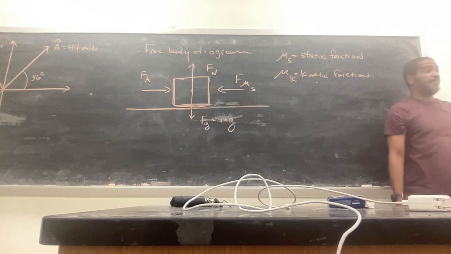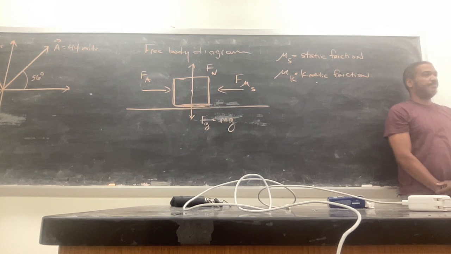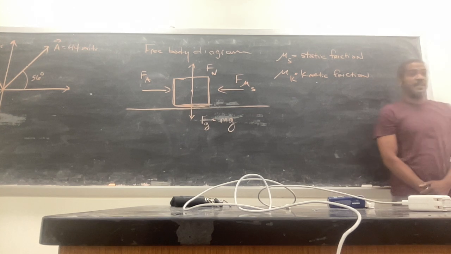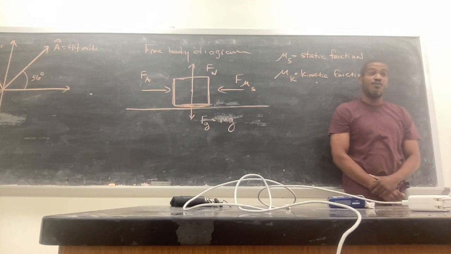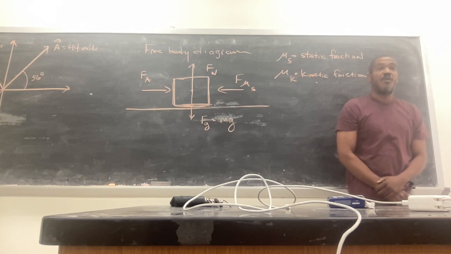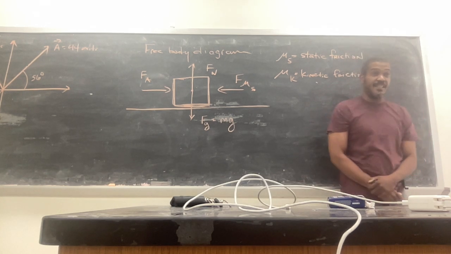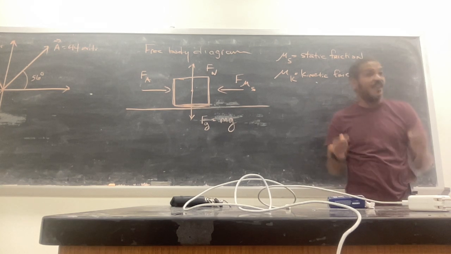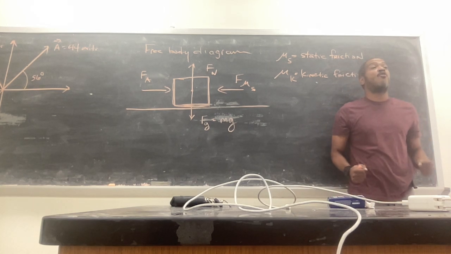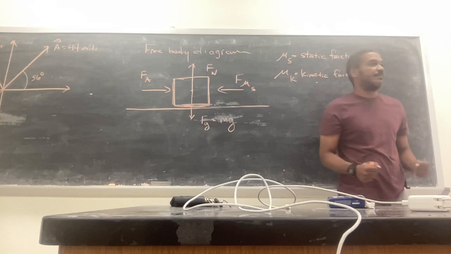And you guys know that to be true, right? Because isn't it easier to move an object once you get it moving? It's easier. It's harder to get it going. That's because you're overcoming the static friction.